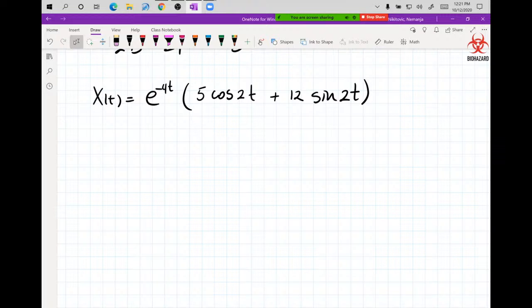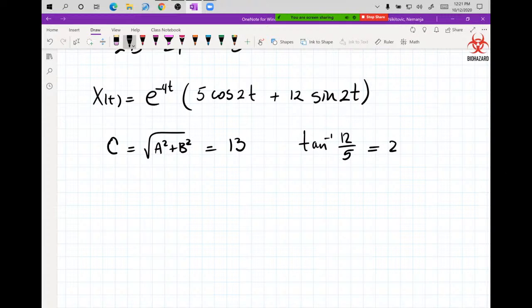That's it. So now I know what a and b are, and I can mush them into that c, right? Because c was the square root of a squared plus b squared, and that's going to give me 13 at the end. And I also have my inverse tangent, which we had as 12 over 5.